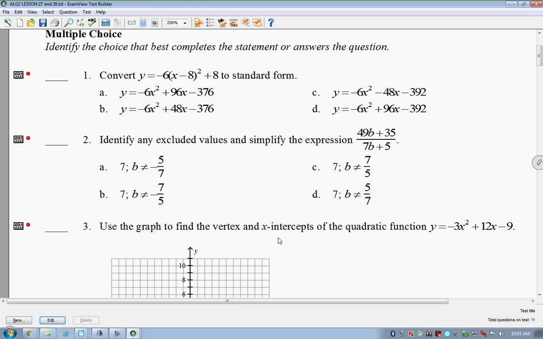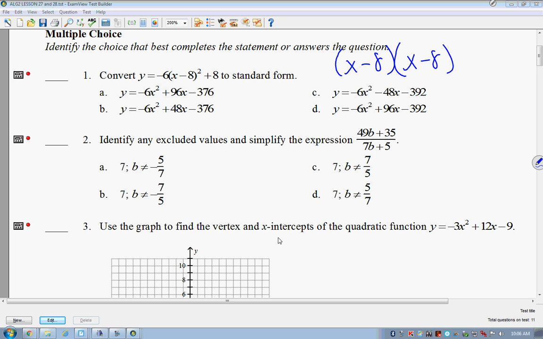But we don't distribute it, because you're thinking, okay, I'm going to get x squared plus 64, right? No, because it's not x squared minus 8 squared. I can't convert that to this because it's not that. It is this: x minus 8 times x minus 8.